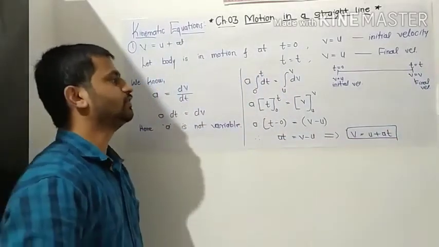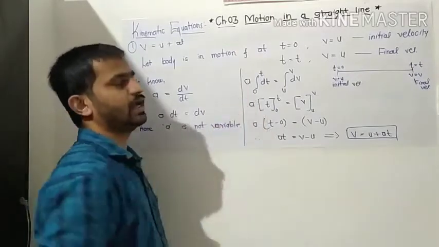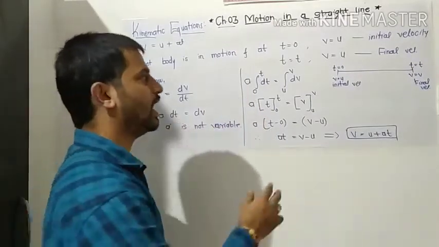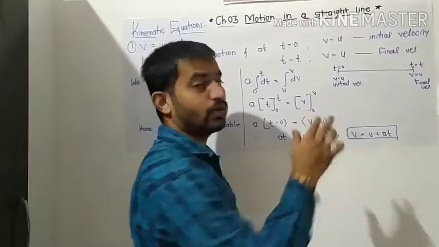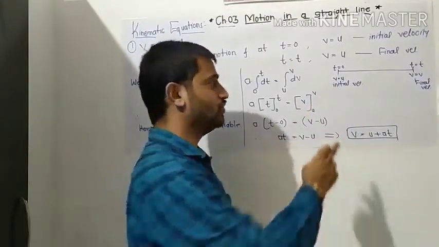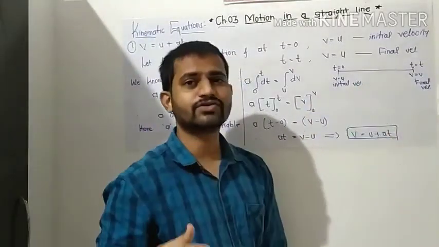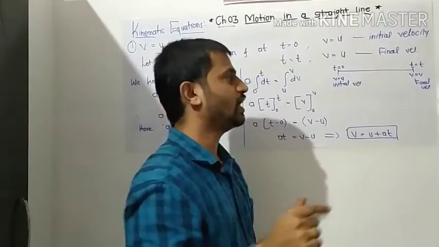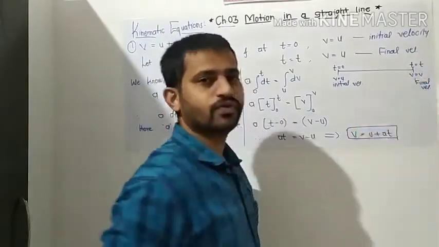We just apply the limits as per our condition, that is, at time t is equal to 0 our initial velocity v is equal to u, and at time t is equal to t our final velocity v is equal to v.